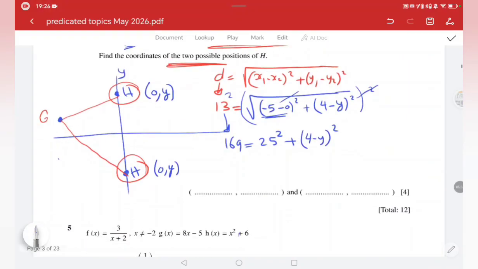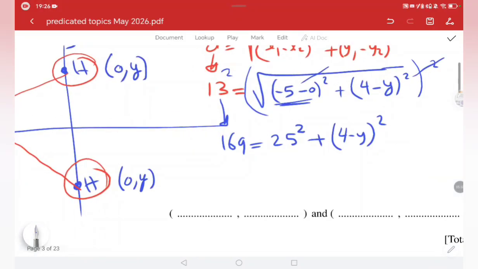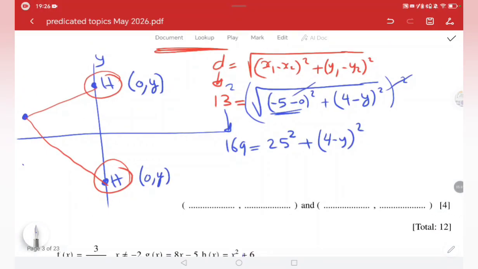Now we need to expand this equation, so to have a quadratic equation. After solving the quadratic equation, it will give me the answer of this point, or these 2 points. So 169, this one 25.